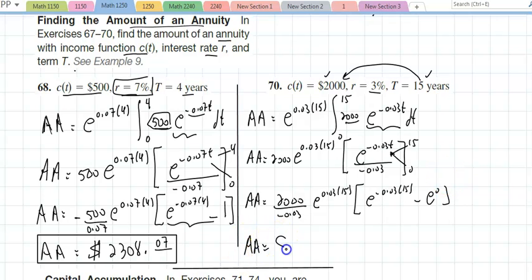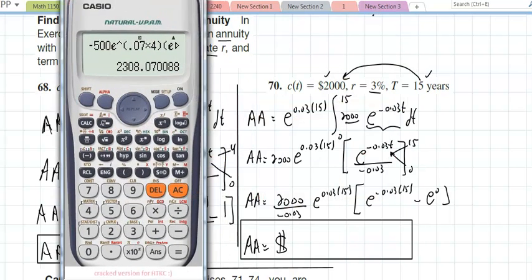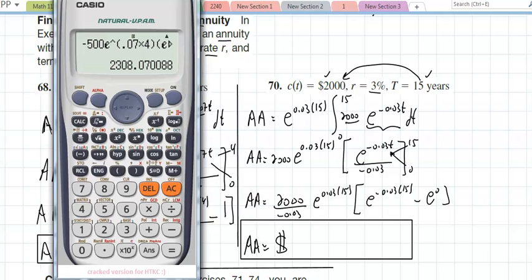Since you're allowed technology, make sure you use it properly. It would be sad to have a calculator and mess up the problem because you didn't input numbers correctly, right? So let's do that. You could do that in phases if you like. You could take 2000 divided by negative 0.03, and then times e, a piece at a time.